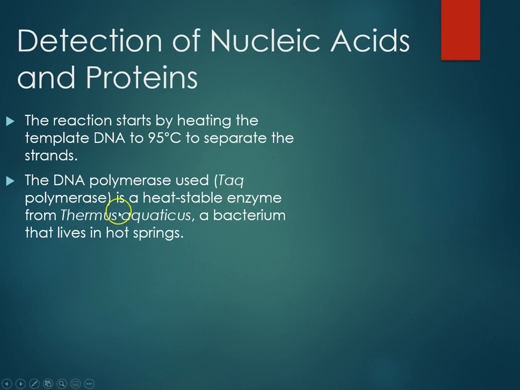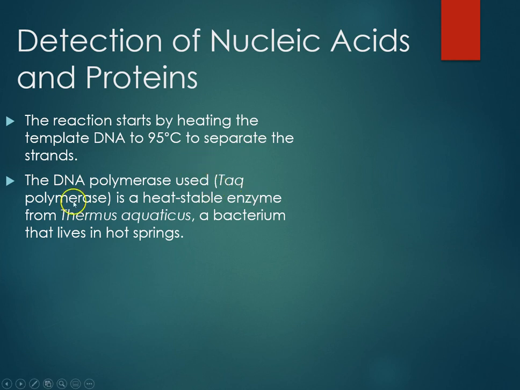Thermus aquaticus is the species of bacteria from which Taq polymerase has been extracted. If you used a regular DNA polymerase, like a human DNA polymerase, and heated it to 95 degrees, I'm sure you're thinking exactly what would happen to it. It would be denatured and it would not function.